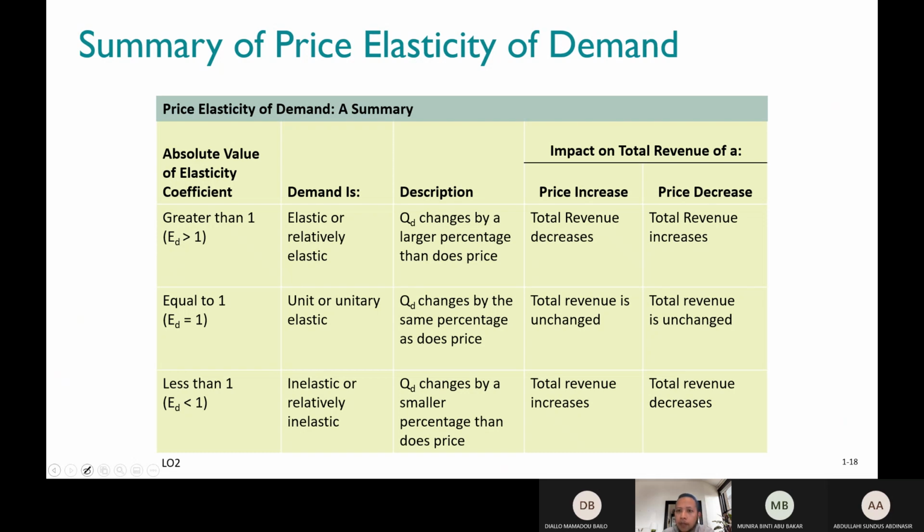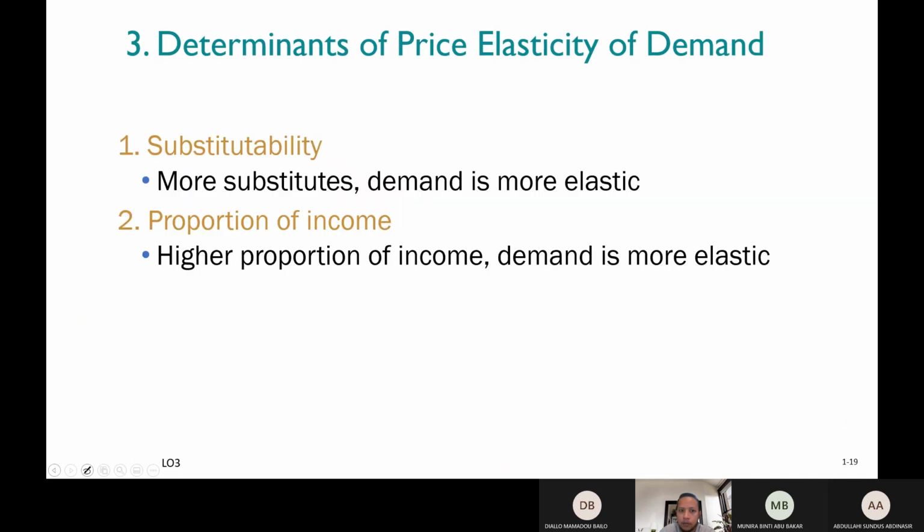Okay, so what causes all these elasticities? All these different numbers and different situations. There are basically different determinants, or different factors that cause this. So one major factor is the substitutability, meaning to say whether the customer can substitute the goods that they have been buying for another good.